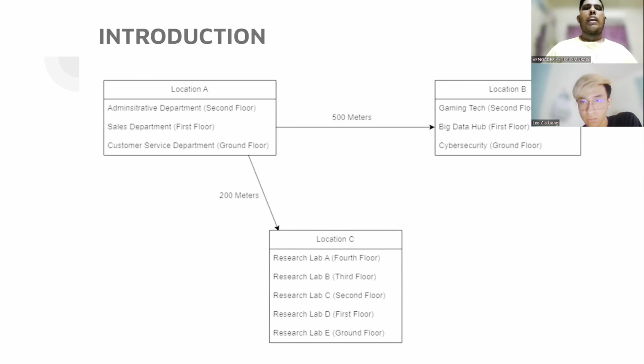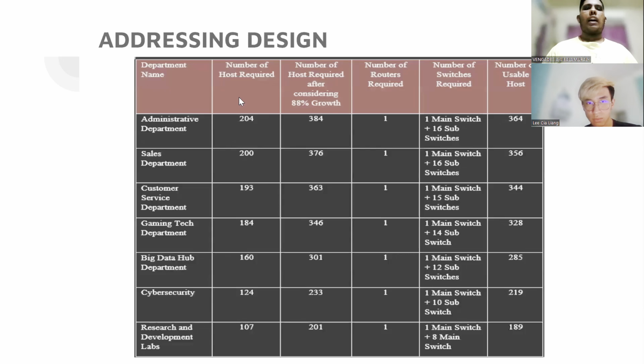And 500 meters from location A is located location B, which consists of gaming tech department, big data hub department, and cyber security department. And 200 meters from location A is located location C, which consists of five different research and development labs. Now, I will let my teammate Liang explain about the addressing design.